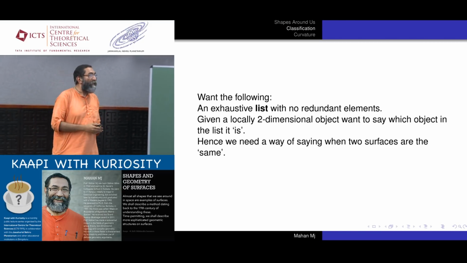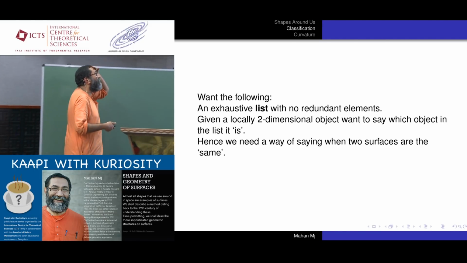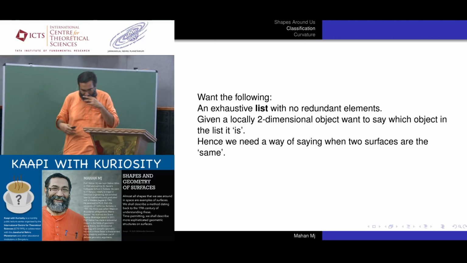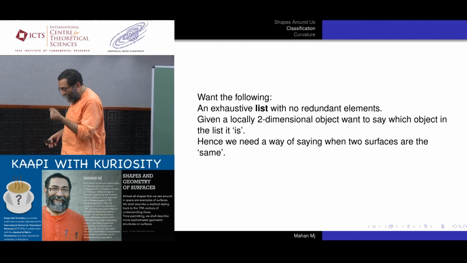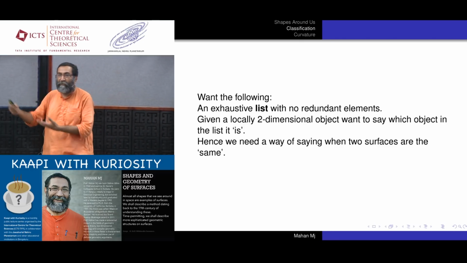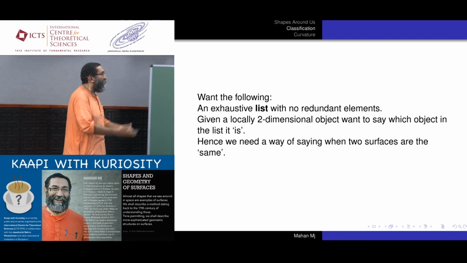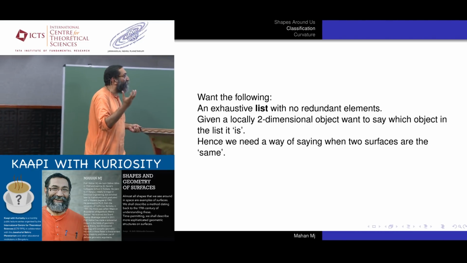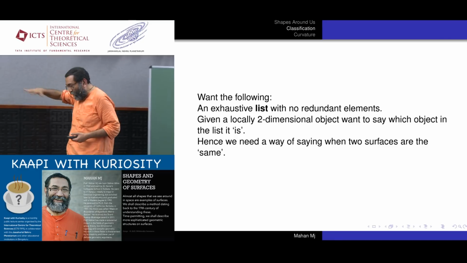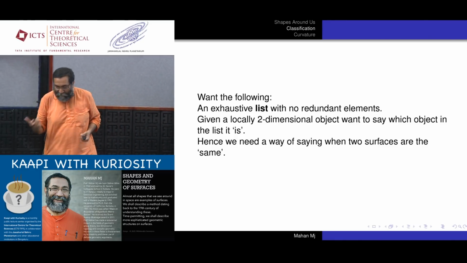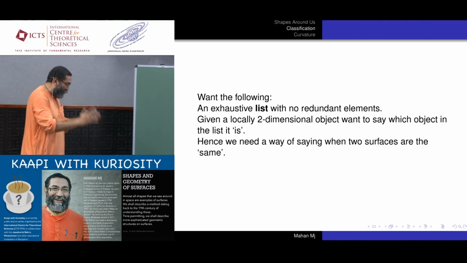So this is formally so since ICTS has this mandate of having theoretical computer science, mathematics, physics as science without boundaries. I mean, a certain basic notion that comes up in theoretical computer science is the notion of an algorithm. This has a precise notion.